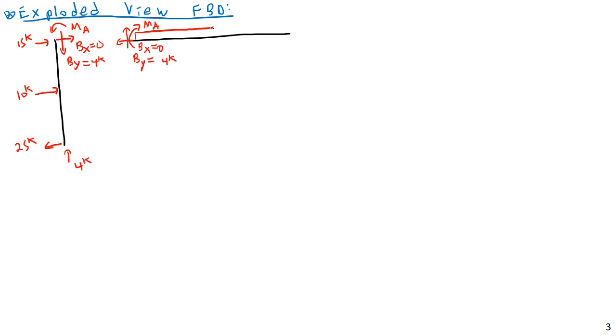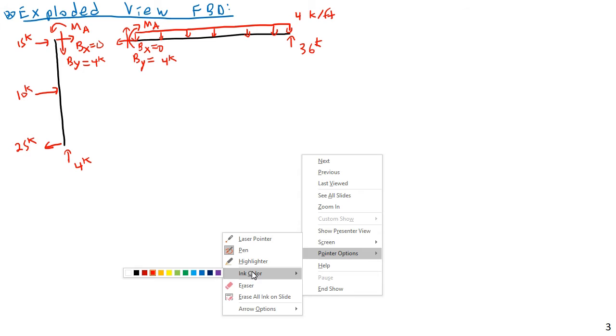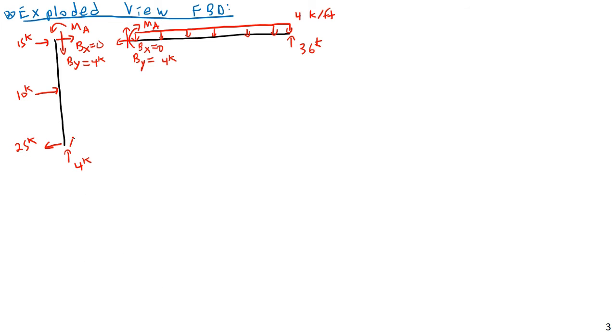Then I'll still have this distributed load of 4 kips per foot, and a vertical reaction of 36 kips. So I'm going to go ahead and do maybe a sum of moments. Oh, and I would like to have my joint labels. This is joint A, B, and C here.